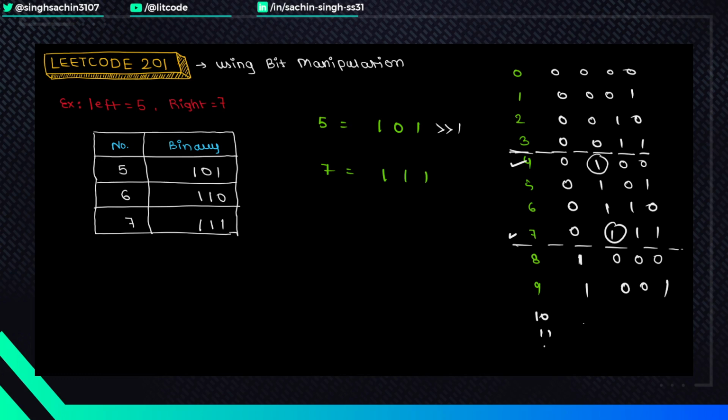Let's do a dry run. We have 101, which is not equal to 111. I'll right shift by 1 bit, so now we'll have 10, which is not equal to 11, since we are right shifting both the numbers. Again, we'll do the right shift, so now we have 1, which is equal to 1.